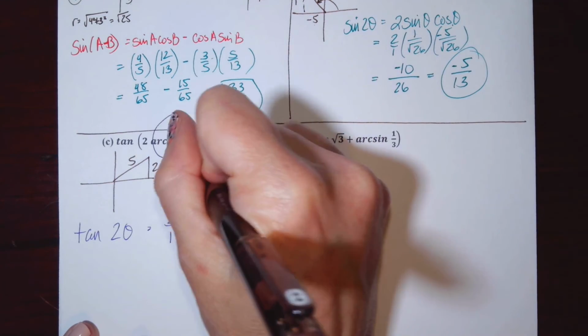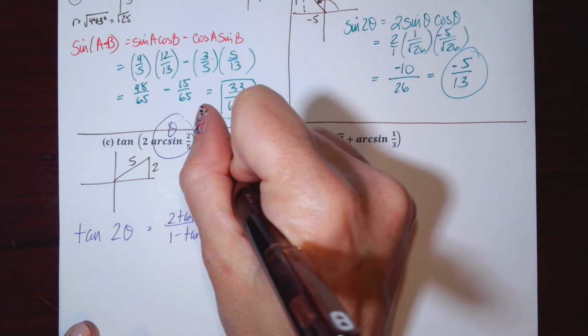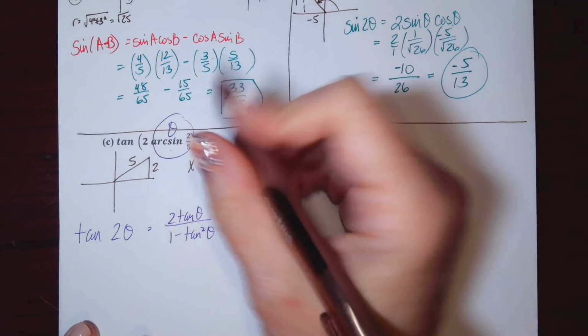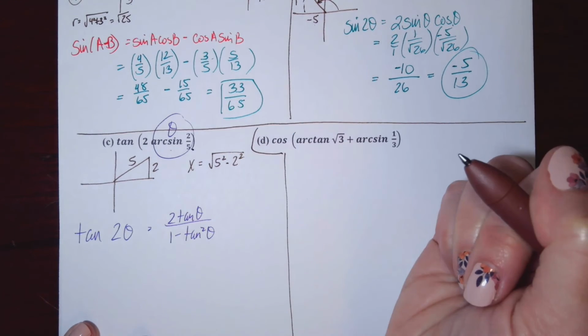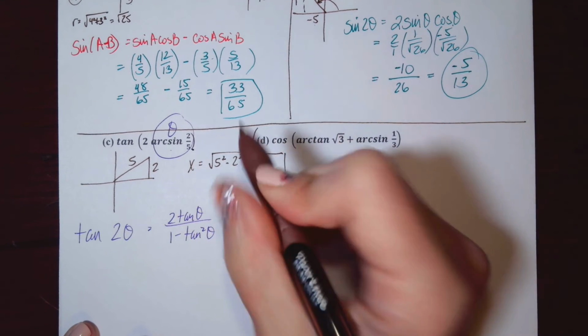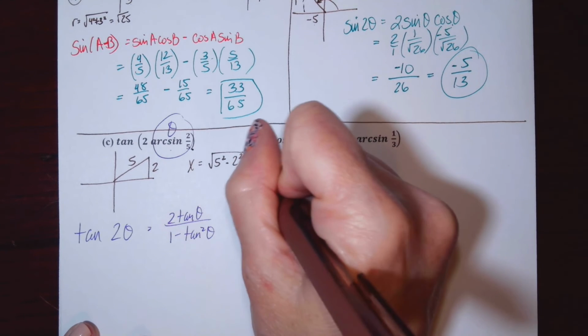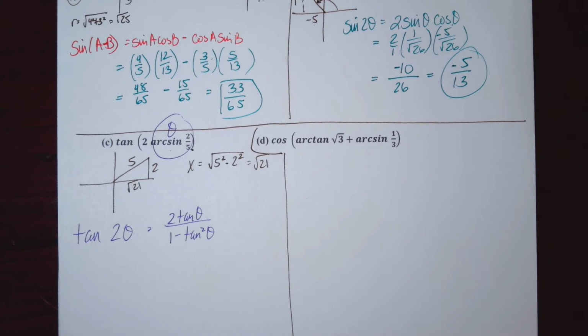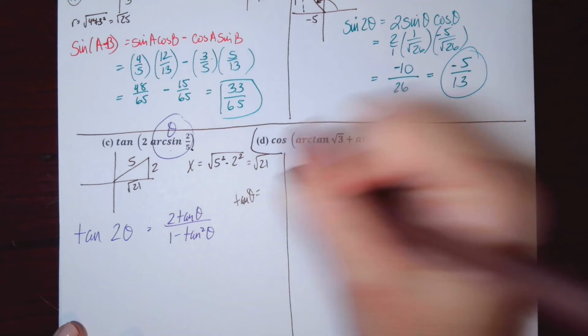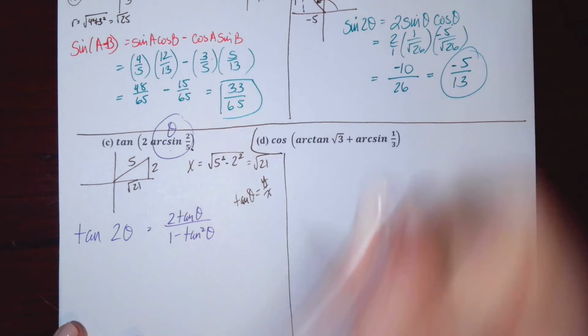Pythagorean Theorem, x is going to be positive in this case because I'm in quadrant 1. R squared minus y squared. So I get 25 minus 4 is square root 21 for my value for x. And I know that tangent theta is y over x.